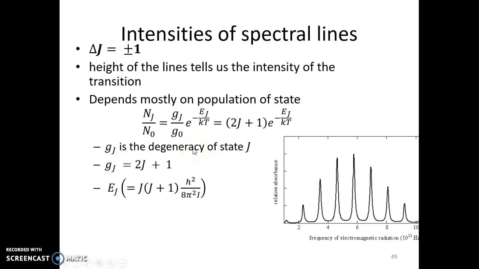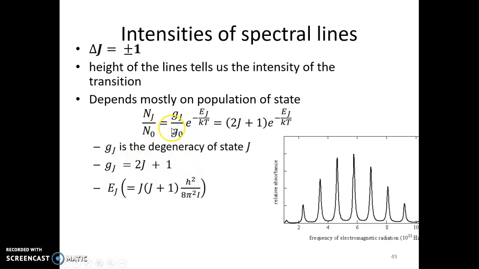When we talk about degeneracy, that's how many states exist with that particular energy J. So the population depends on the degeneracy of the state, the energy of the state, and also the temperature at which the transition is taking place. And we have our energy equal to J(J+1). That energy, remember, is dependent on the moment of inertia.